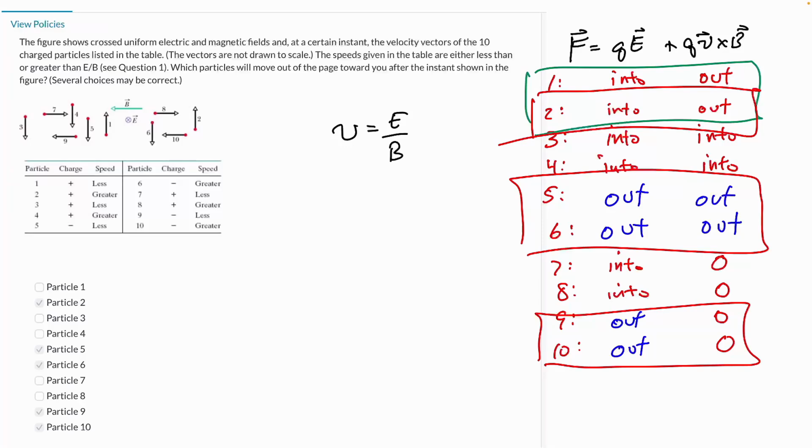Real quick, if you did look at 9 and 10, if we are doing E over P, can't you not divide by 0? The magnetic force is 0. The V is not 0. But the magnetic force, this cross product, V cross B, is VB sine theta.